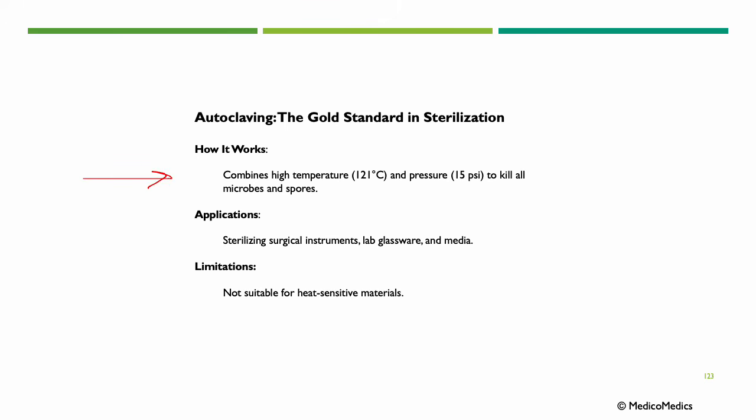Now, how it works is it combines high temperature, 121 degrees Celsius, and pressure of 15 pounds per square inch (psi). It uses this combination of high pressure and high temperature to kill all microbes and spores. Some applications include sterilizing surgical instruments, lab glassware, and other things.